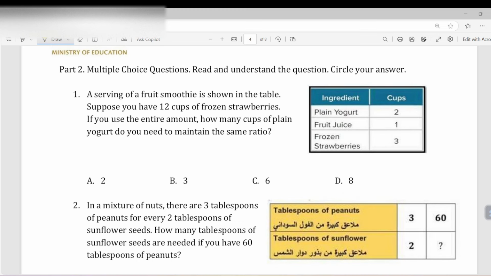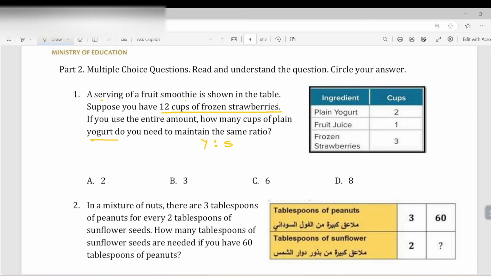Now part 2. In part 2 you have to write the answers only. You don't have to worry about the steps. Whatever logic you use, I am showing the sample logic. Our problem is the serving of a fruit smoothie shown in the table. Suppose you have 12 cups of frozen strawberries. If you use the entire amount, how many cups of plain yogurt are needed?